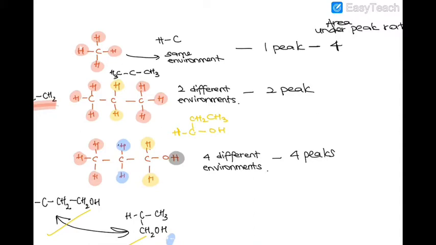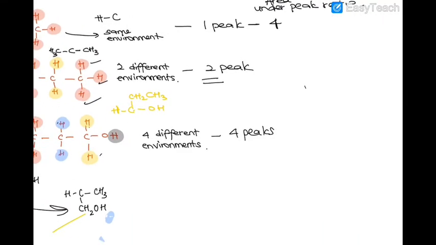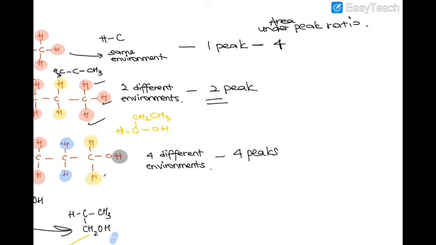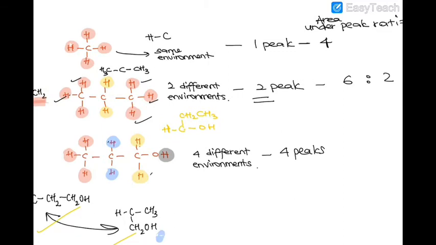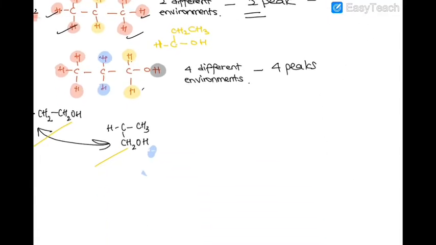If we look at this one, you're going to have 1, 2, 3, 4, 5, 6. So you're going to have 2 peaks with the ratio 6:2 because you have 6 protons in the red environment and 2 protons in the yellow environment.